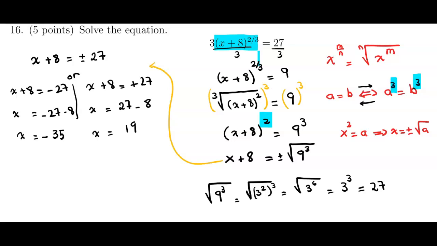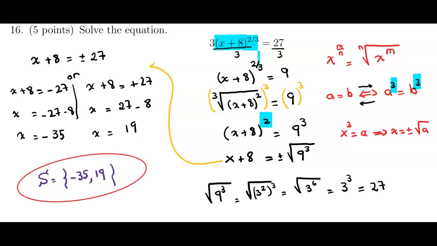So the final solution set, open a set, close the set, and inside you put the two answers, which are minus 35, comma 19. Okay, that's all. This is your final answer, and that's it.